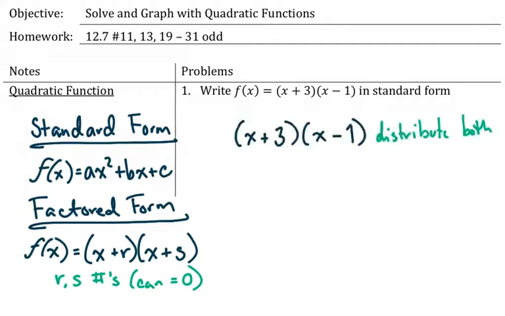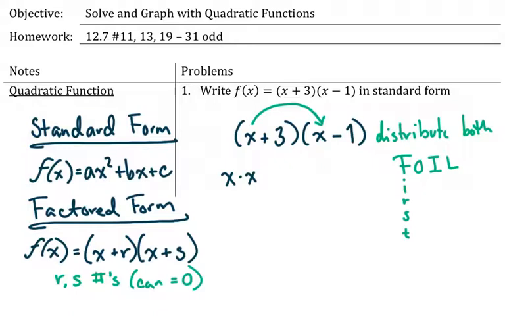The mnemonic that a lot of teachers will use for this is FOIL. They'll tell you to FOIL something. And FOIL just helps you remember to distribute every single term. So the F stands for first, meaning that we multiply the first term here and the first term here. So that's our first distribution.